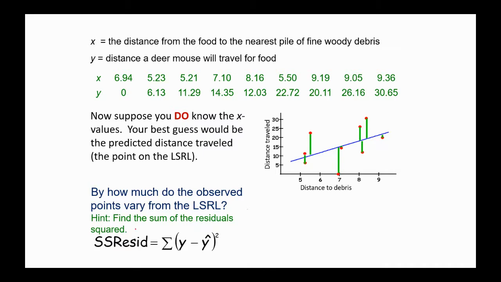I'm just going to say residuals. We're getting those from page 12. This is page 12. That's where we get them from.